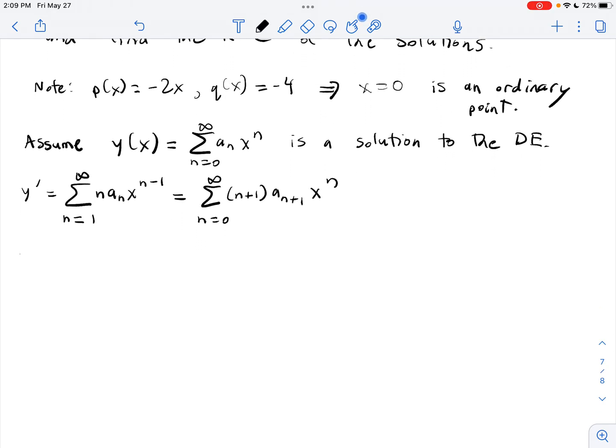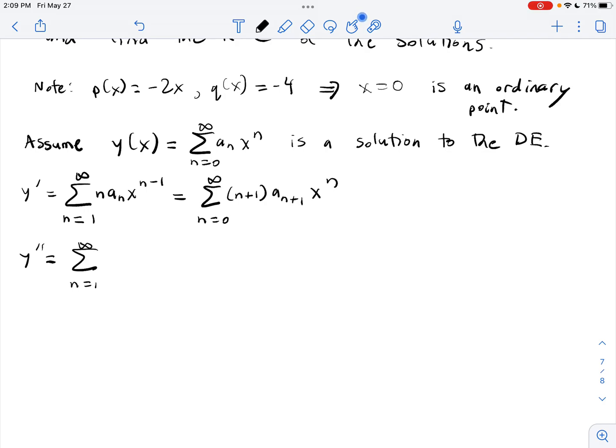Okay? Now, what would y double prime be? Just take another derivative, again, term by term. We're going to use that last version of this. So, same idea, we could start it at 1.